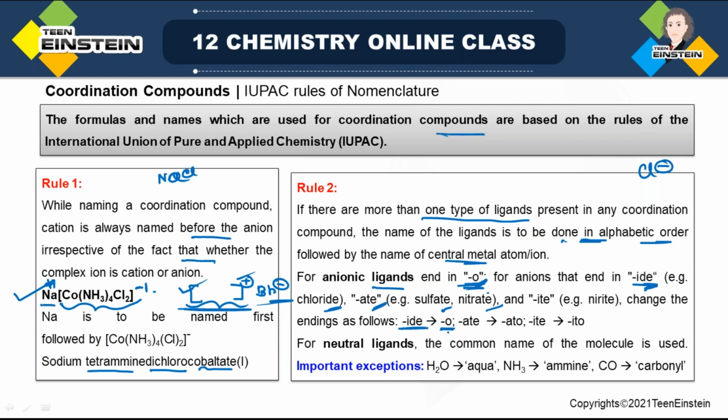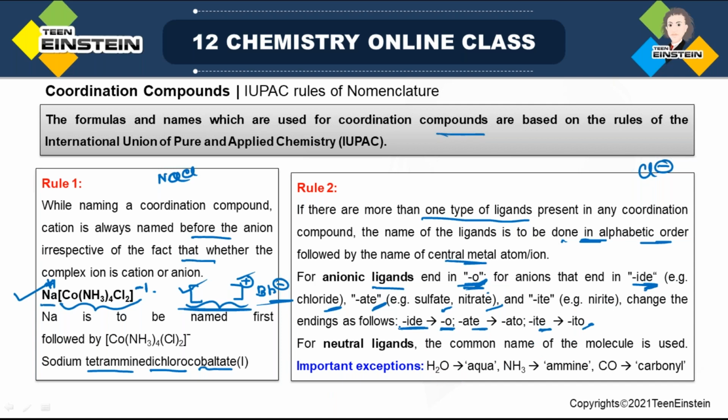And the ligands that are present as ate, for example cyanate, sulfate, will be changed to sulfato, nitrato, like this. And if any ligand is ending with ite, for example nitrite, then it will be changed to ito, that means nitrito.